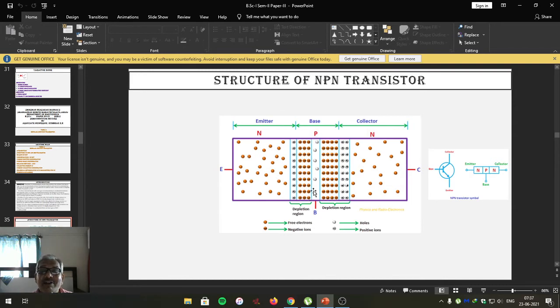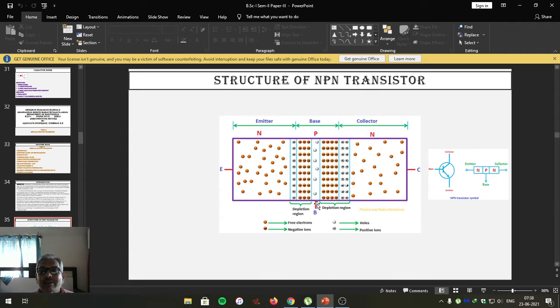When P type of semiconductor is sandwiched between two N type of semiconductor, two junctions are going to be formed. One is this junction, we can call it junction J1. This blue colored line represents it. This is the junction J1 that is known as the input junction, whereas this one is another junction that is known as output junction or junction J2. Thus it has two junctions.